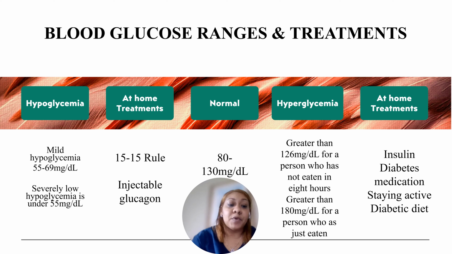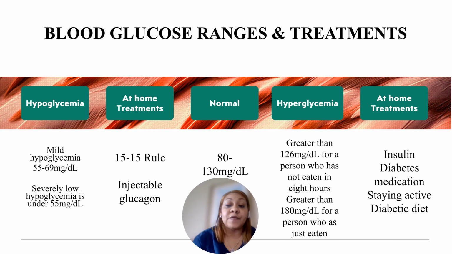For mild hypoglycemia, from 55 to 69 milligrams per deciliter, you can use the 15-15 rule. The first 15 stands for 15 grams of carbohydrates.